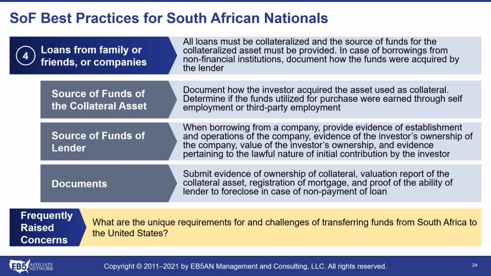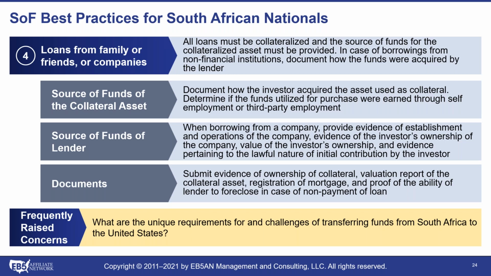And one thing I just wanted to piggyback off of what Stuart was saying earlier about the different annual allowances is that to make sure you're doing it right and to get your EB-5 approval, you need to get the allowance first before you transfer the money out of the country.